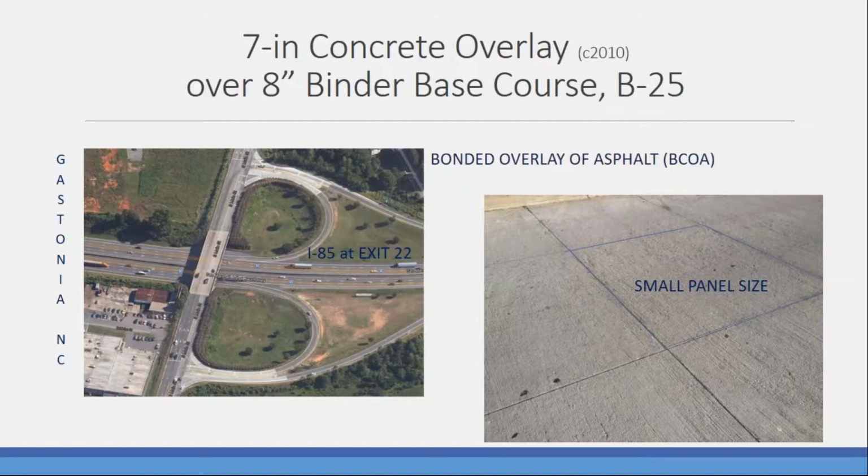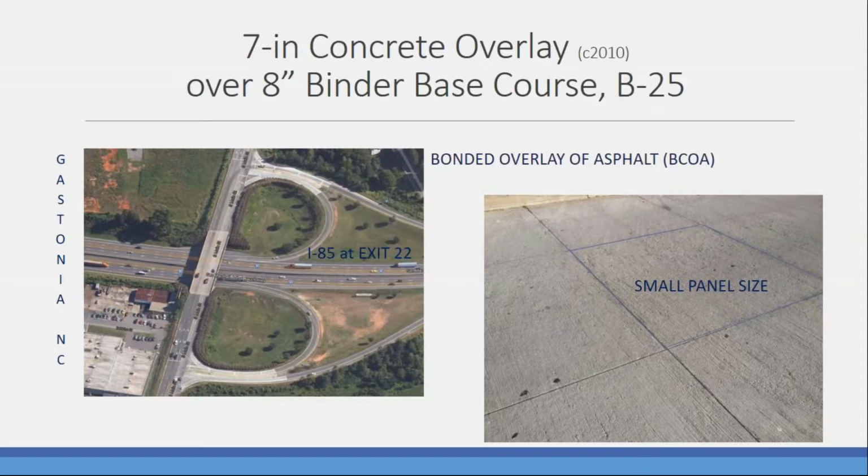This is an interchange near Gastonia, North Carolina, south of our Charlotte area on I-85, a very heavily traveled interstate. The on and exit ramps were rutting. It was a periodic maintenance issue where they were constantly out there milling and filling. So the division engineer at the time said he would like to see some concrete here, and he was willing to look at doing a bonded overlay of asphalt.